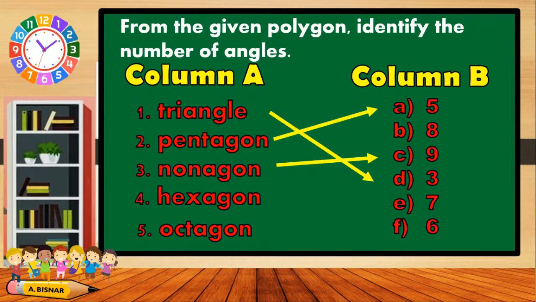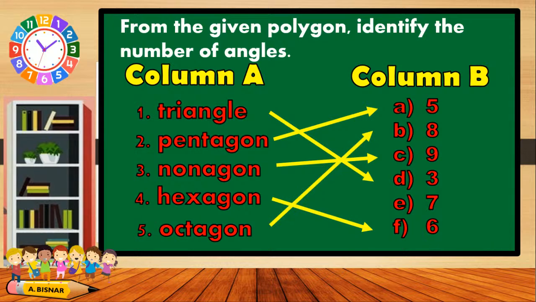Okay, that's correct. Letter F. Hexagon has 6 sides and therefore it has 6 angles. And for number 5. Okay. That's correct. 5. The answer is A.